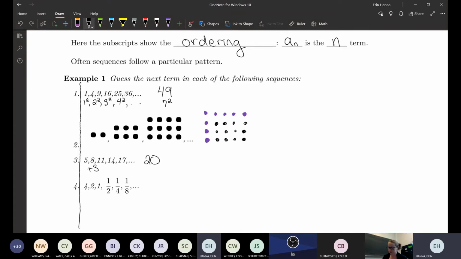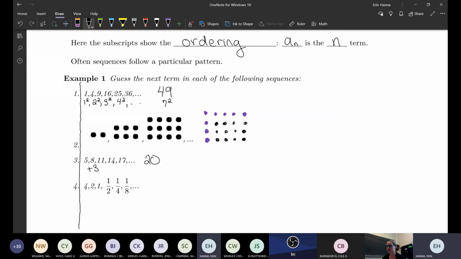And in this last one here, we have 4, 2, 1, 1/2, 1/4, 1/8. Well, how do I get from 4 to 2? I could subtract 2, but then to get from 2 to 1, subtracting 2 doesn't work. Sometimes you can try a bunch of different things. How else can I get from 4 to 2? Well, I could divide 4 by 2.